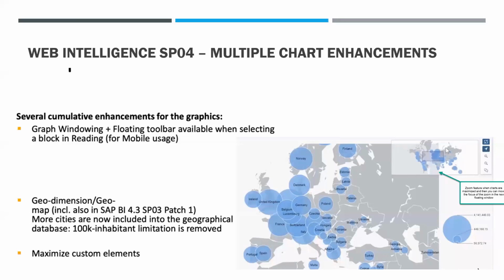So I think that's a nice addition. They also added more cities to the geographic database that ships with BusinessObjects, and they removed the restriction that cities must have at least 100,000 inhabitants before they'll show up in the list. So they removed that.